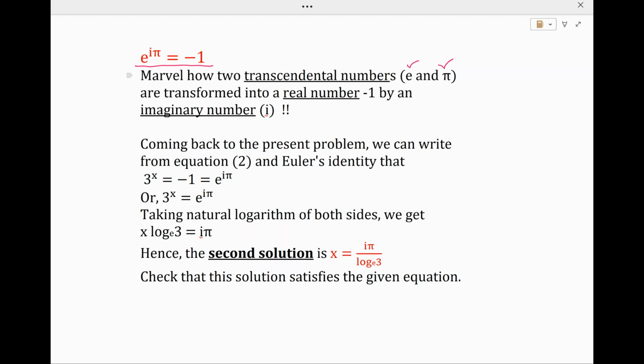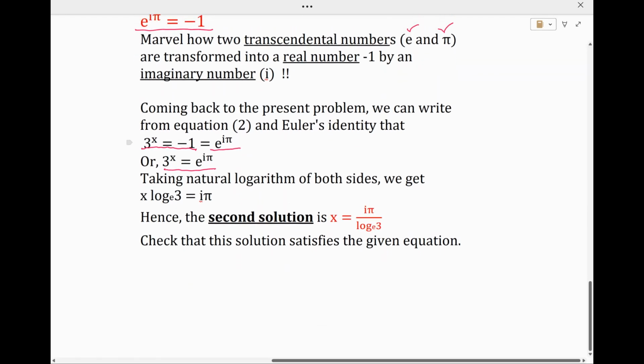Coming back to the present problem, we can write from equation 2 that 3 to the power of x is equal to minus 1, and the same minus 1 is equal to e to the power of i pi. Therefore, 3 to the power of x is equal to e to the power of i pi.